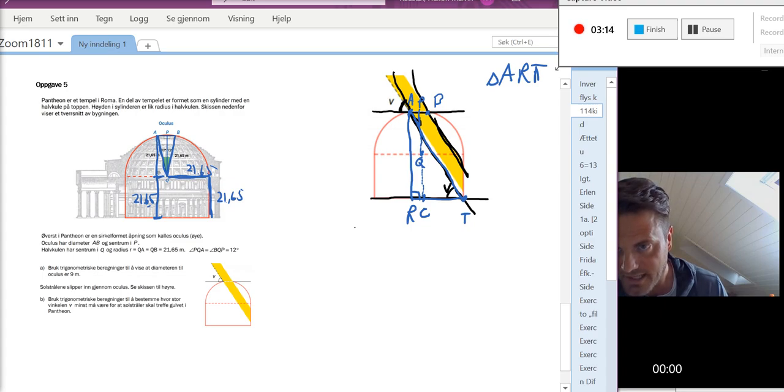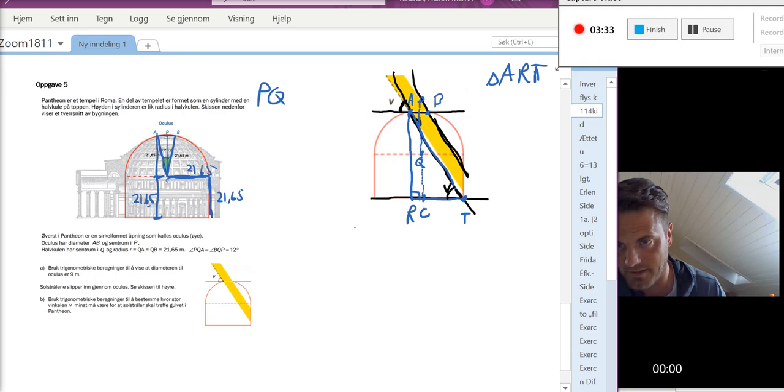But I also need A, from A down to here, and that's the same as from P to Q. So I actually need PQ. And that is not the radius, because P doesn't lie on the square here, almost, but not entirely. So I need to find PQ.